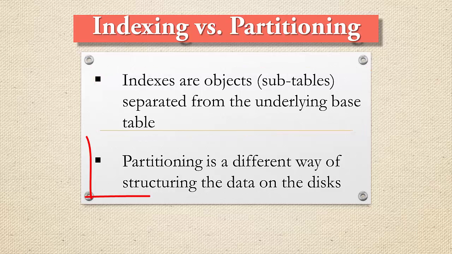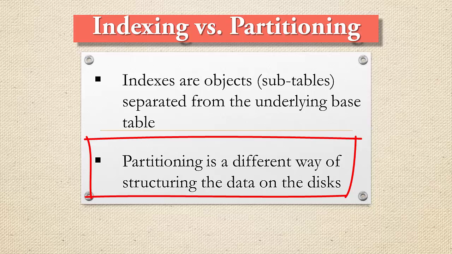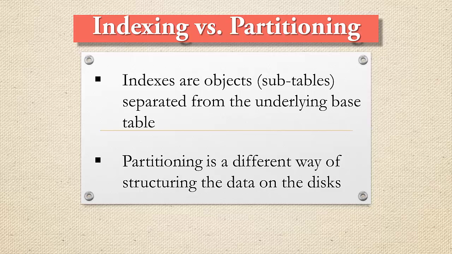Partitioning, on the other hand, is an operation on the base table itself that does not generate objects that are separable from the base table. Instead, partitioning simply reshapes how a base table content is organized and stored. It is a different way of structuring data on disk. Indexing, second, will consume additional space through the creation of subtables.